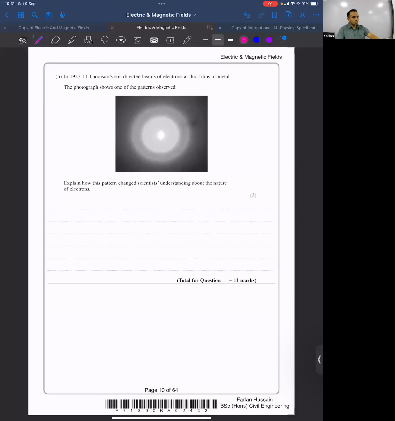So it confirms electrons do have a wave nature. They behave as particles and they also behave as waves.